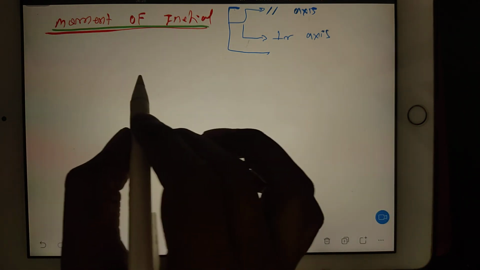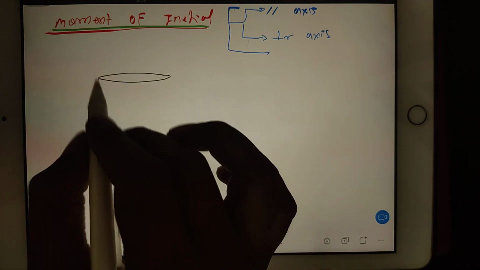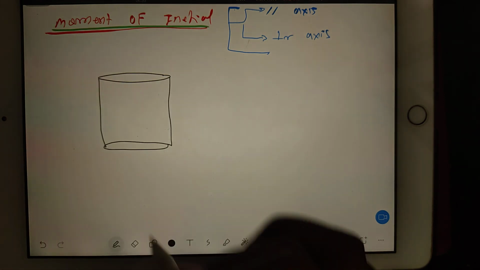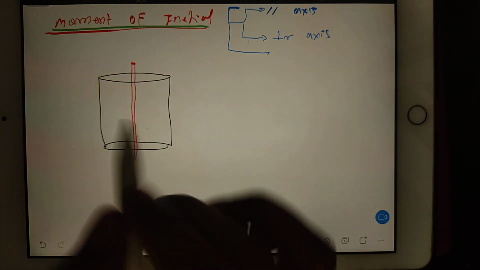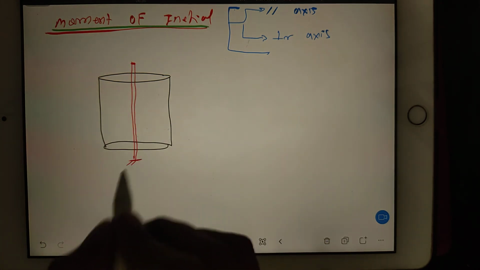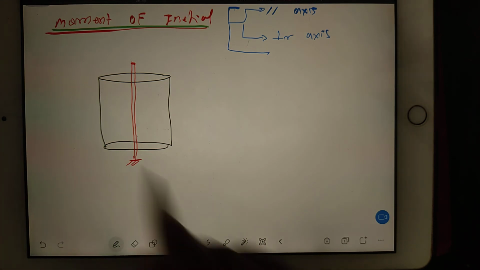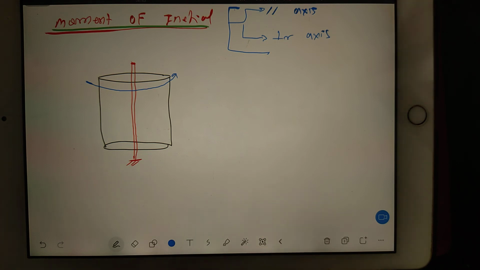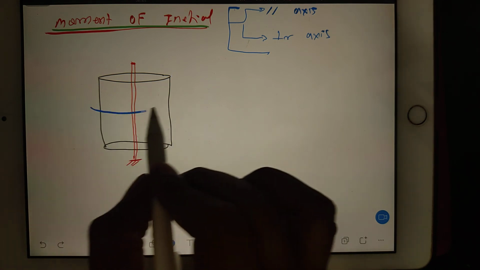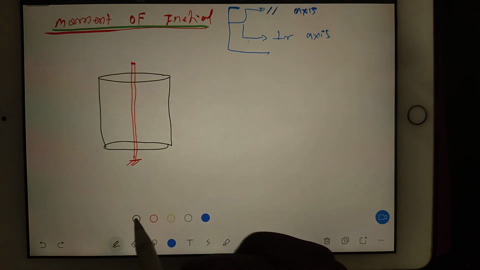Suppose there is one very heavy cylinder like this, hinged on a support, and this cylinder is free to rotate in this direction, but there is no rotation till now. If you apply some force, you can start the rotation in the cylinder.